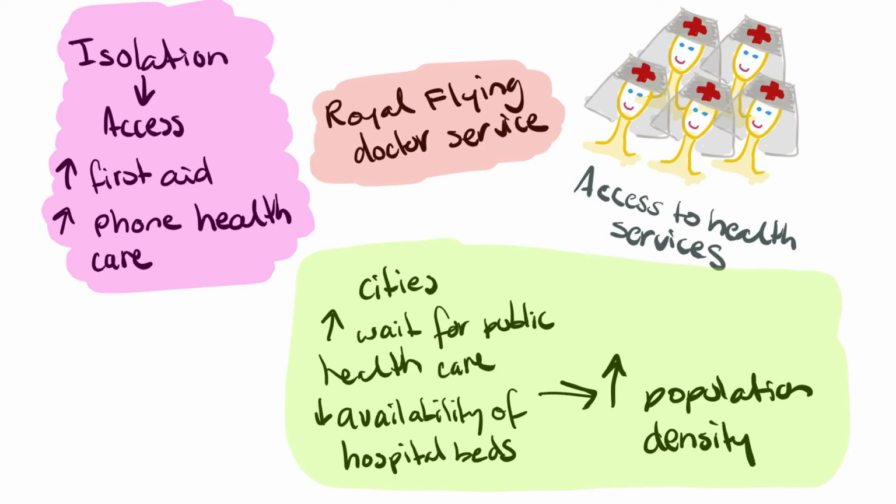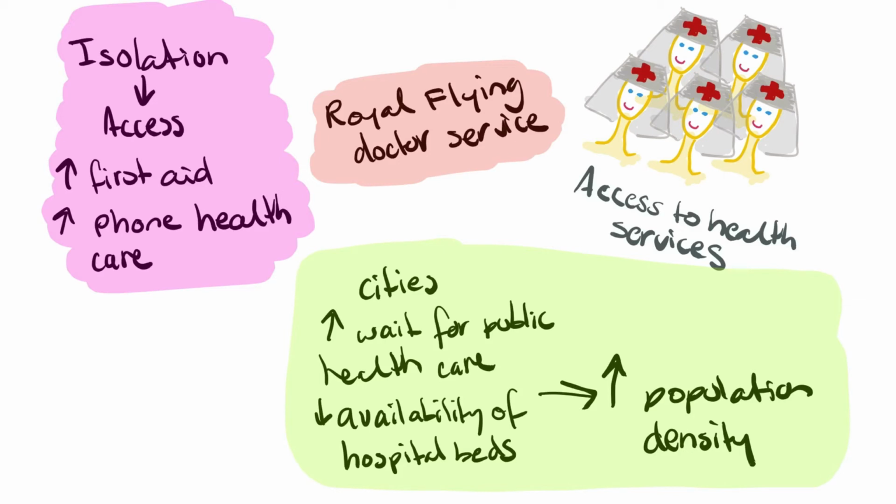Now, when we look at health services in cities or in regional areas, because of the sheer density of the population, which is much higher compared to rural and remote areas, there's generally an increased demand for public health care. So that's things like doctors and public hospitals.